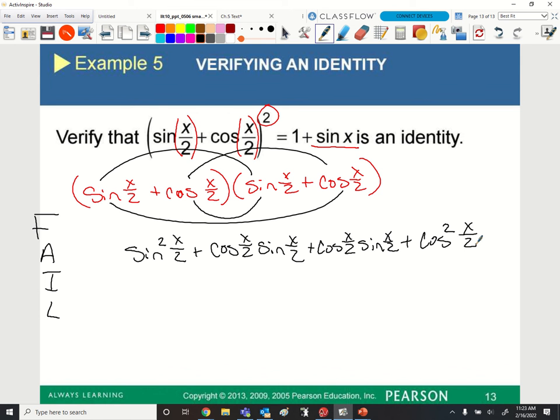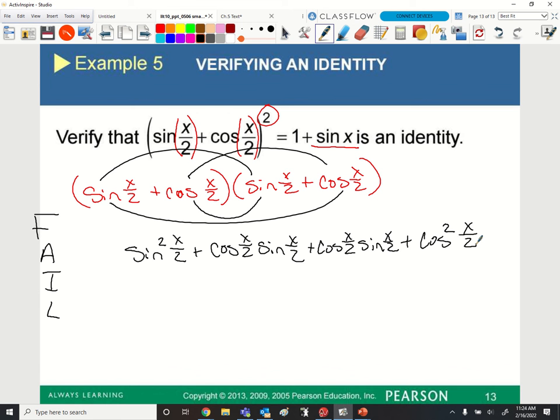Now, I'm going to take the same thing, but rearrange it to make it a little easier to identify the identities that we're going to use. Since all these are pluses, I'm just going to move them around. I'm really not doing any math yet.